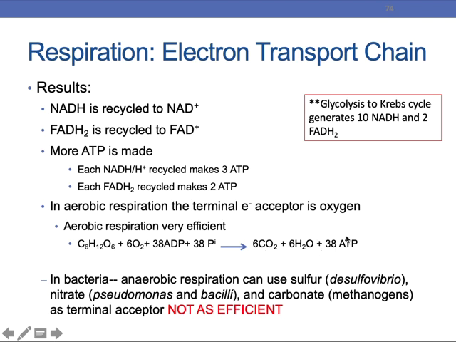That's a lot of energy for one molecule of glucose. However, in anaerobic respiration, these microorganisms will use sulfur or nitrates or carbonates as the terminal acceptor, but it's not as efficient in terms of the amount of energy that is produced.